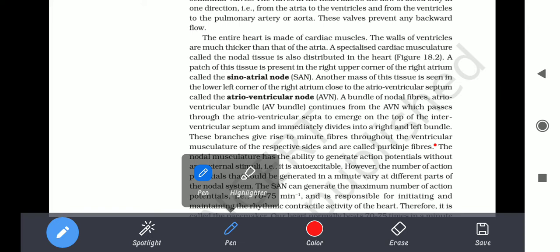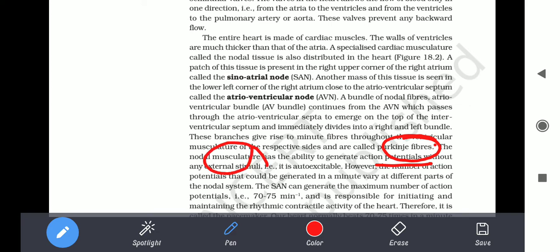The nodal musculature has the ability to generate action potential without any external stimuli. So it is called auto-excitable because it doesn't need any external stimuli. The action potential gets generated without any external stimuli.